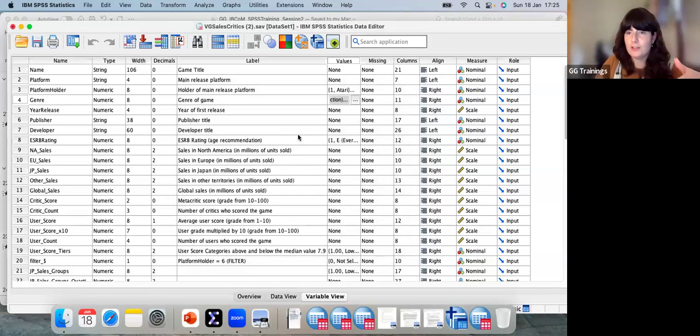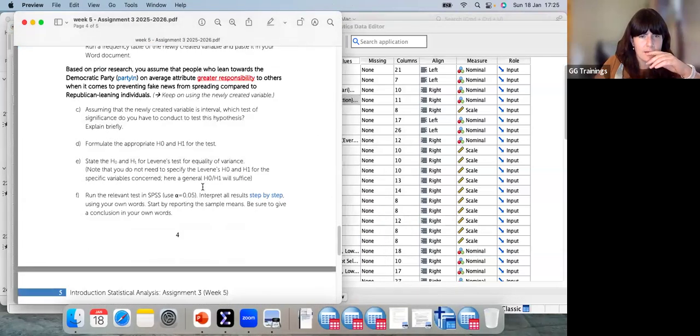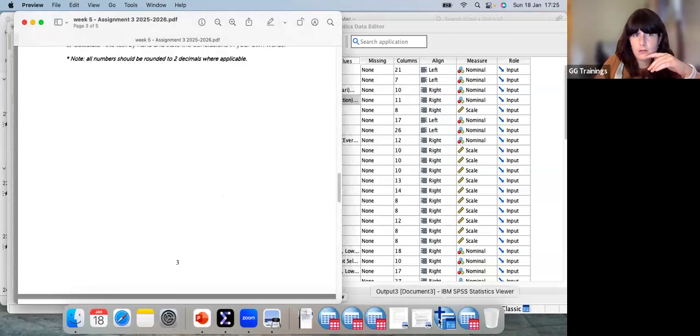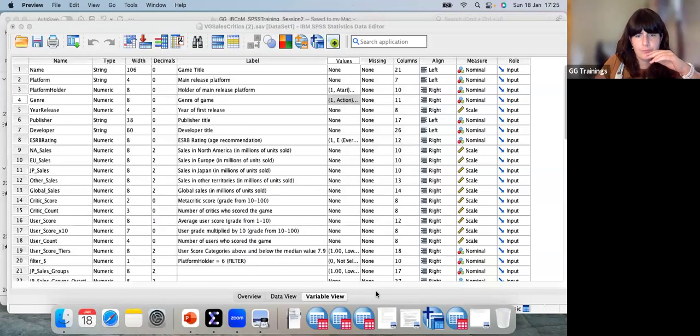They'll first tell you to filter the data by selecting cases. I think it appears in one of your assignments, and they ask you to do this. It's not week 5. Oh, it must be week 6.